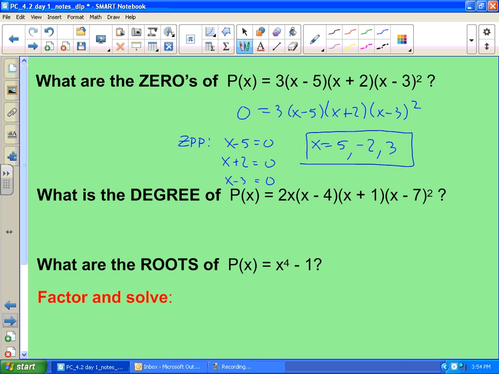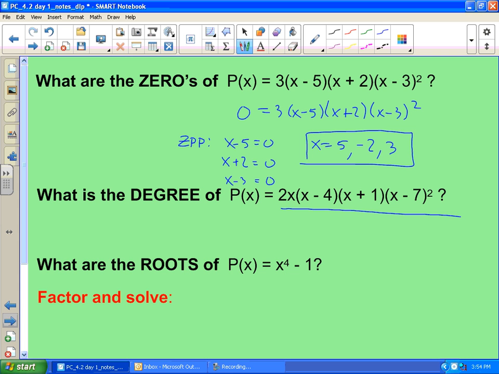What's the degree of the polynomial? Well, now we're working on 2x times x minus 4 times x plus 1 times x minus 7 squared. If I were to expand that, I would discover that this is a fifth degree polynomial. How do we get that?